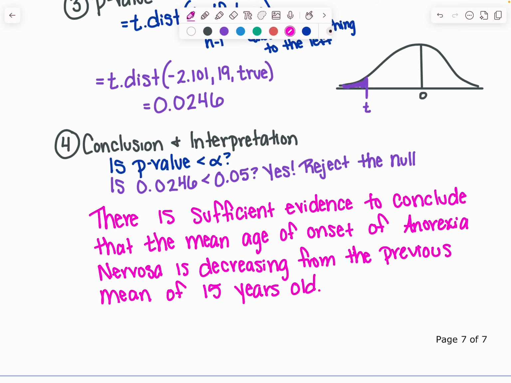So that suggests that if the mean is under 15, roughly 50% of the young people are starting to have anorexia symptoms before the age of 15. Even before that, because now the mean age is under 15.